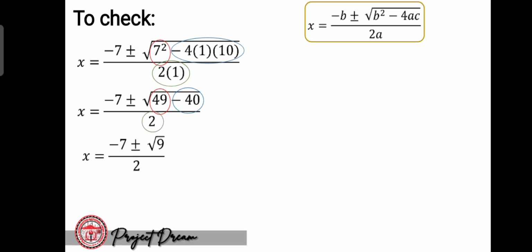Next, it becomes negative 7, either positive or negative, square root of 9 because 49 minus 40 is equal to 9, all over 2.